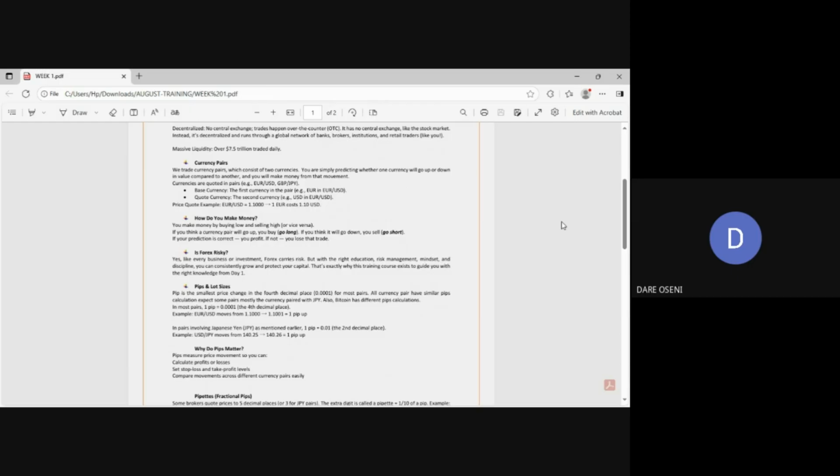The crypto market is also there. It's just a new one that came up a few years ago. If you check online, you will see it. There are about 5 or 6 financial markets.